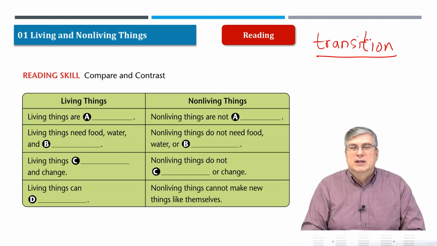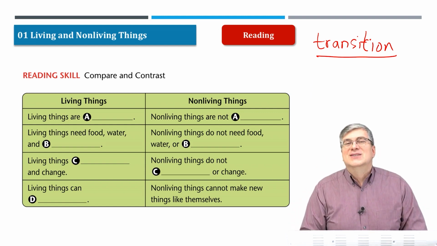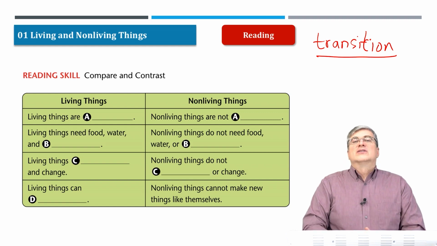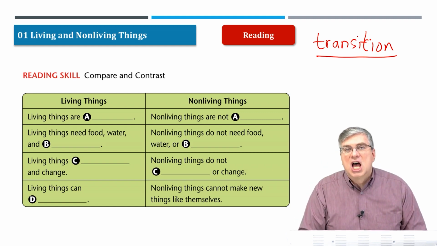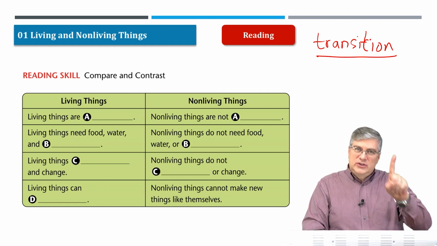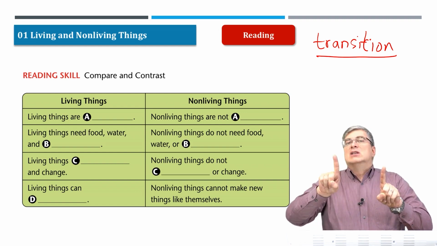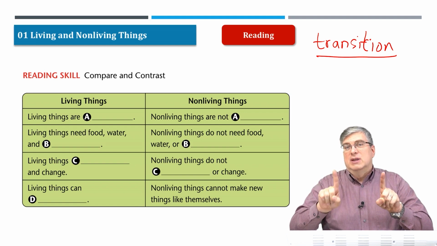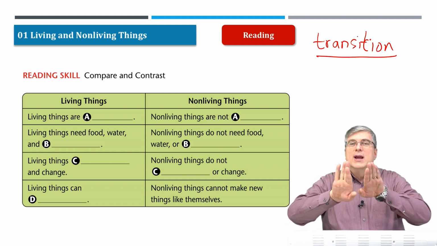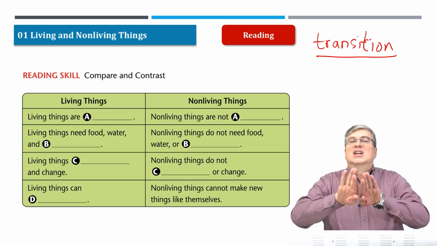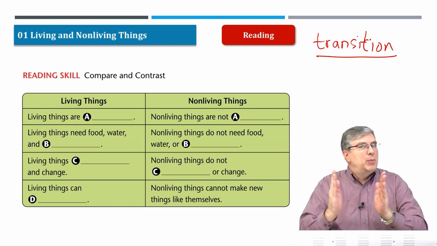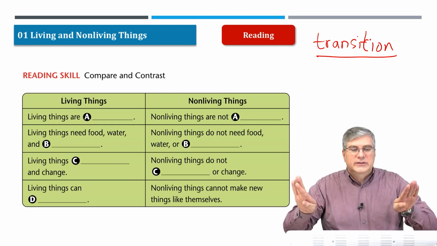So in the middle of the paragraph, we had a transition, and we started talking about non-living things. So first we talked about living things, then we transitioned into talking about non-living things, and we showed how they are different. So this is contrast, not comparison, contrast.